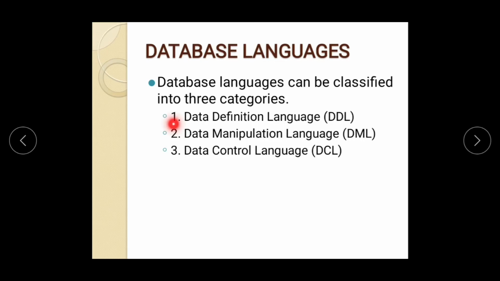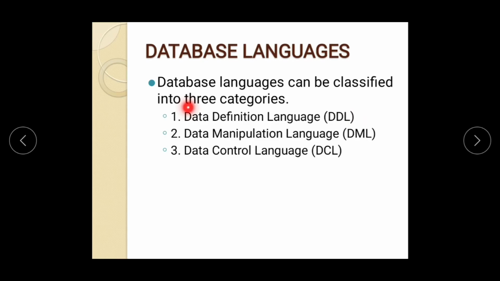For example, in a student database, what attributes must be there? Roll number must be there, name must be there, marks must be there. What are the data types of each attribute? Roll number must be integer, name must be character, marks must be float. All those things are dealt with in the data definition language.